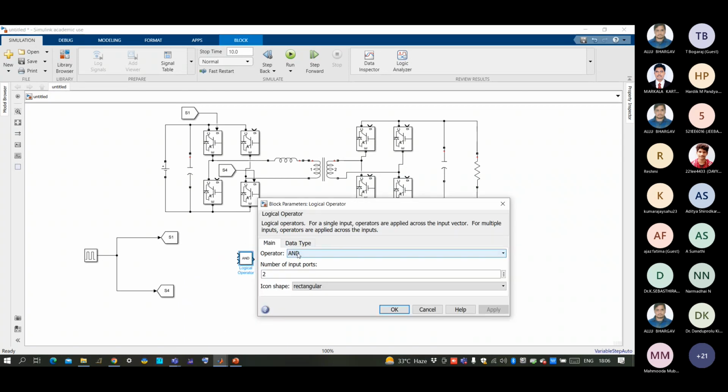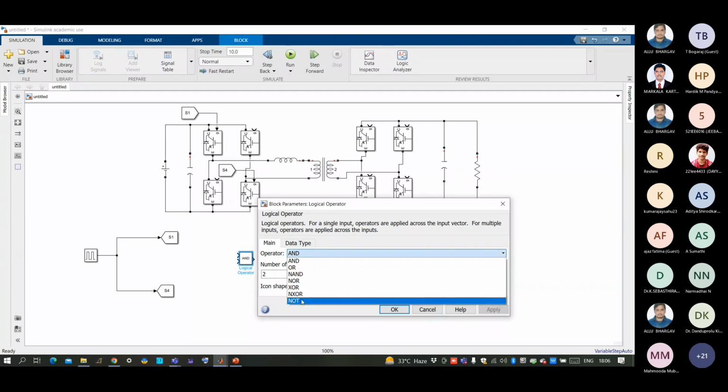So we can here give the logical operator. So we need only NOT gate. Different types of logical operations we can perform by the clock. So we go to NOT gate. So I'm using NOT gate only.